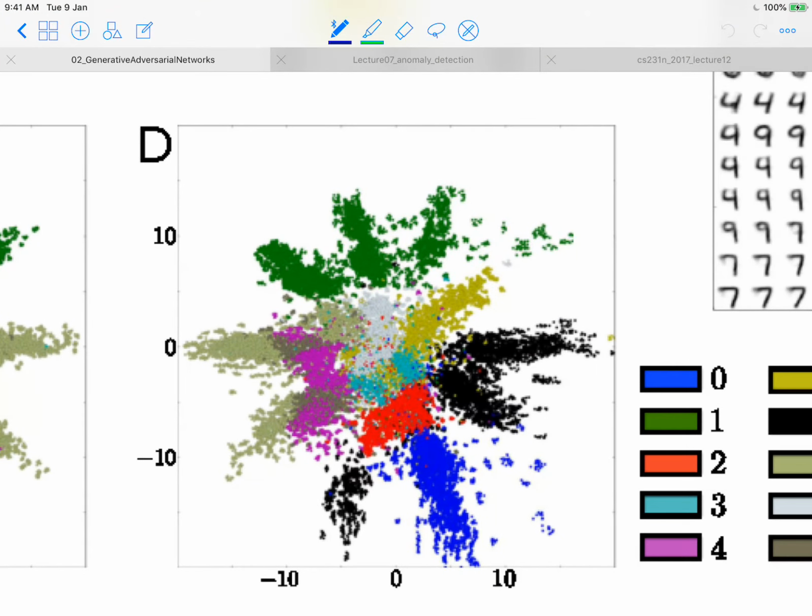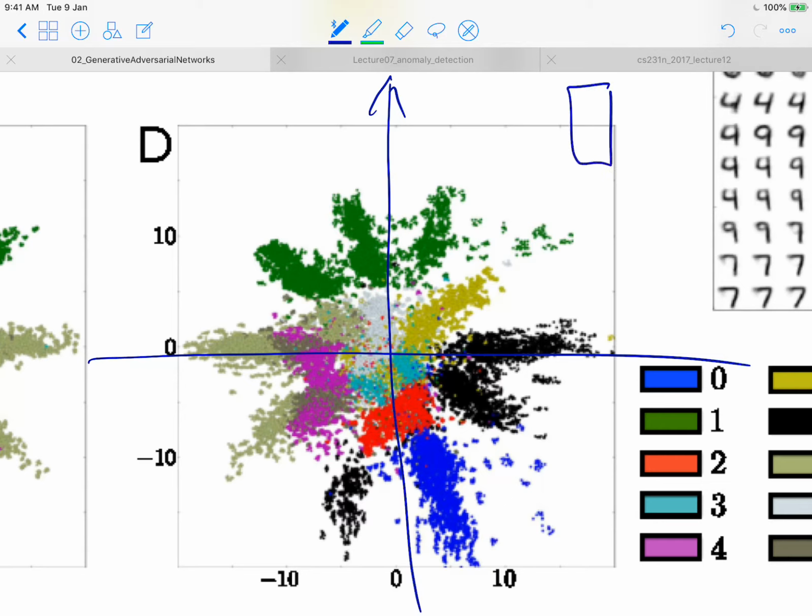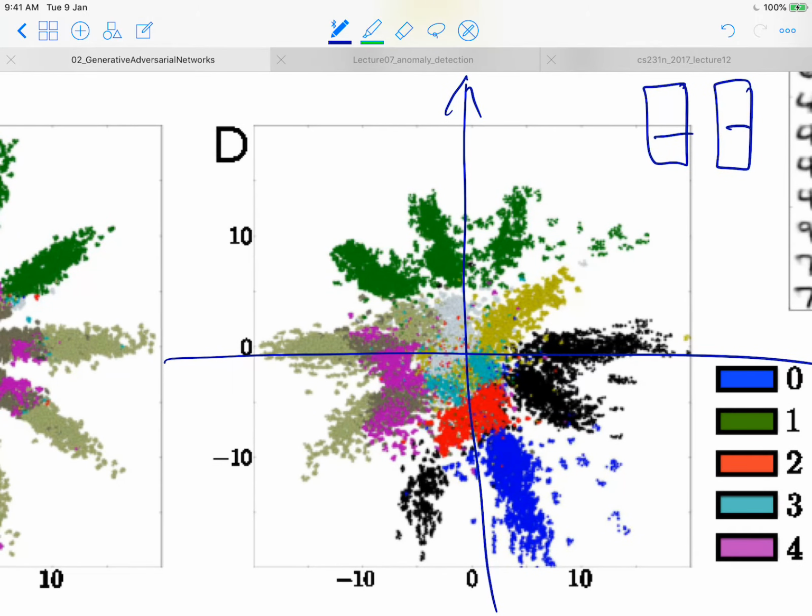I hope it helps. So in this case, suppose we have two-dimensional outputs at the end of our variational autoencoder, or the activation map of the result of this encoder output, right?